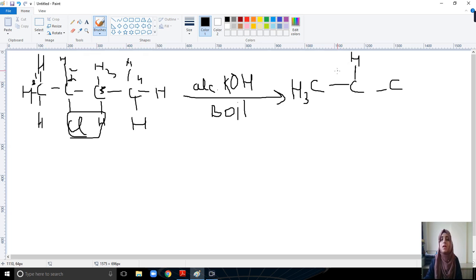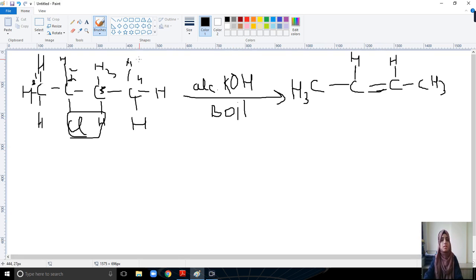The beta carbon has only one hydrogen. On the fourth carbon, all three hydrogens you will write as it is, CH3. Now removal of the group between 3 and 2 is taking place here, so the double bond, or alkene, is formed at the second position. So this is one product.